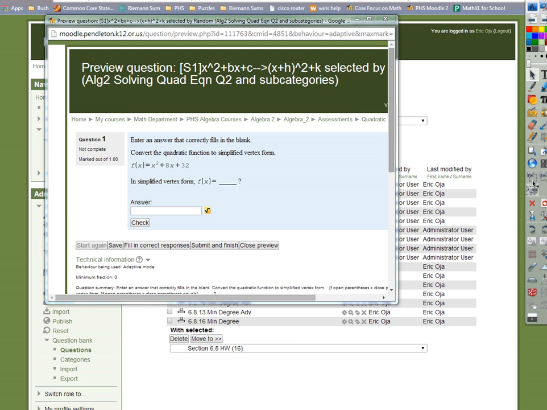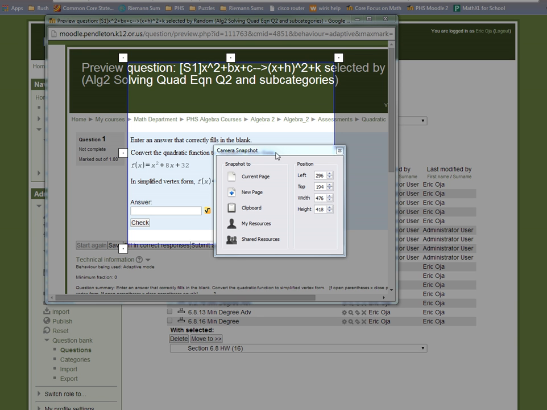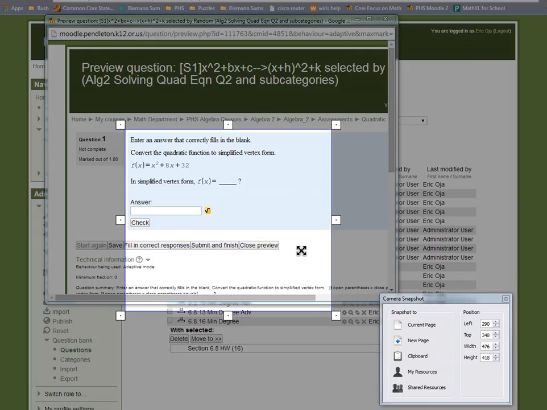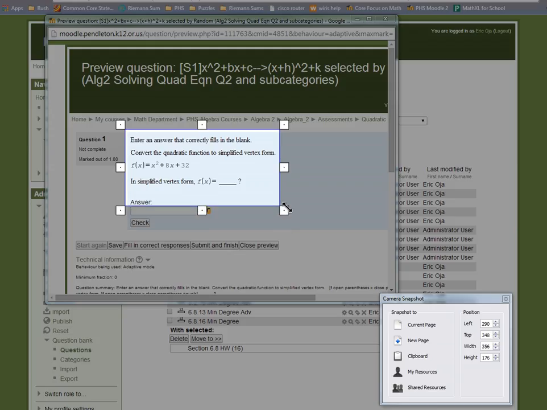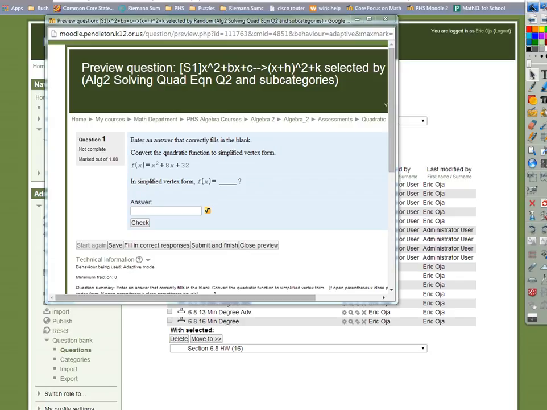Probably the most commonly missed question on the test. And I get it. I mean, this is kind of a hard one, but it's not terrible.